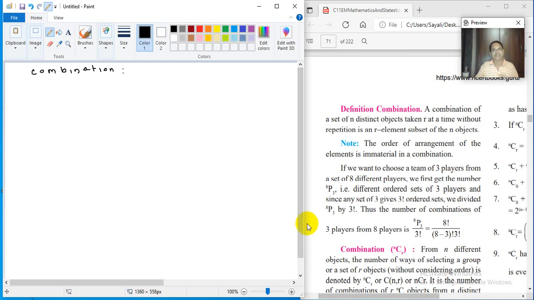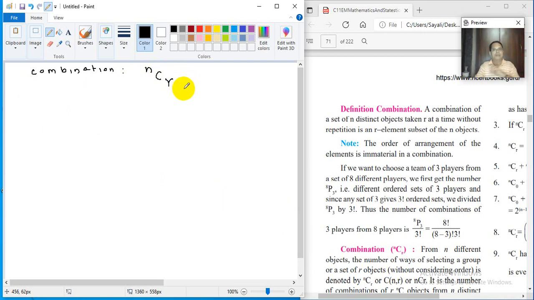Which r objects we are selecting, there how many ways are there in which to arrange r objects. मग ते झालं NPR, permutation of r objects taken from n objects. But now whenever you talk about combination, right, it is NCR. n objects are there, how many ways are there in which I can choose r objects from n when repetition is not allowed, etc. Okay.